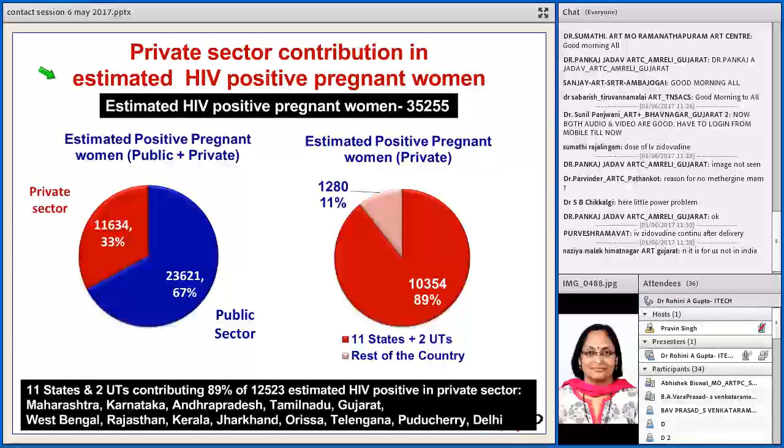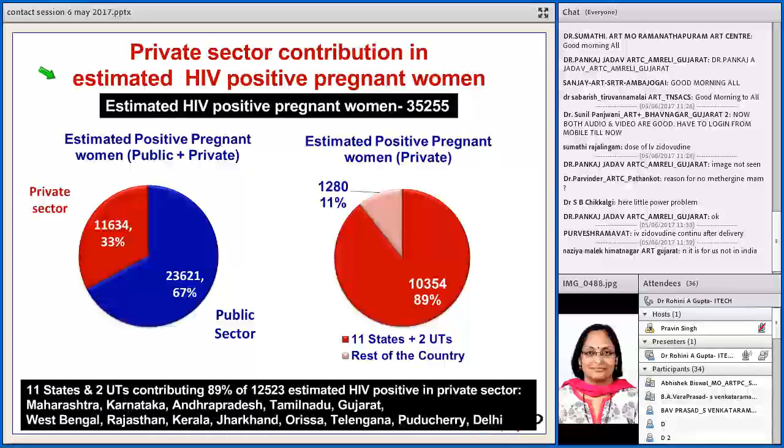So 11 states and 2 union territories contributed 89% of those estimated HIV positive in the private sector, and these occurred in Maharashtra, Karnataka, Andhra Pradesh, Tamil Nadu, Gujarat, West Bengal, Rajasthan, Kerala, Jharkhand, Orissa, Telangana, Puducherry and Delhi.